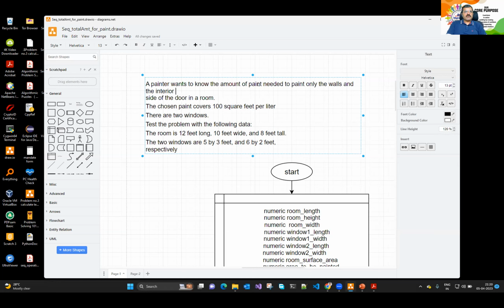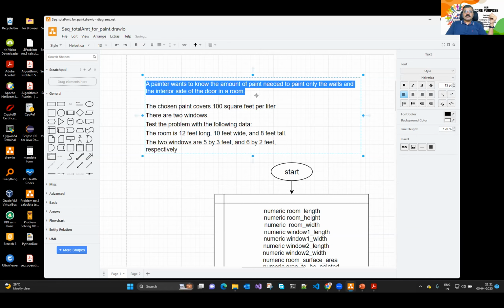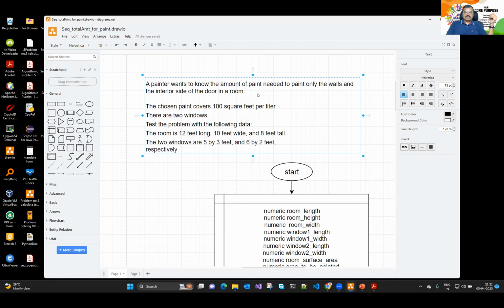They needed to paint the walls and the interior side of the door of the room. So it very clearly says that he's not interested in painting the floor or the ceiling. So that we should understand over here. The problem is very clearly saying what they would like: the walls and the interior side of the door.